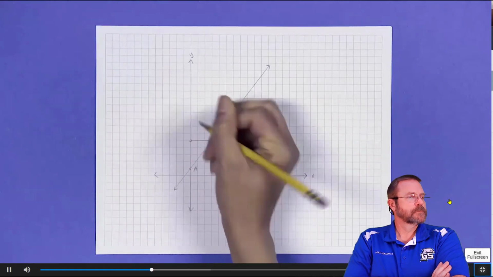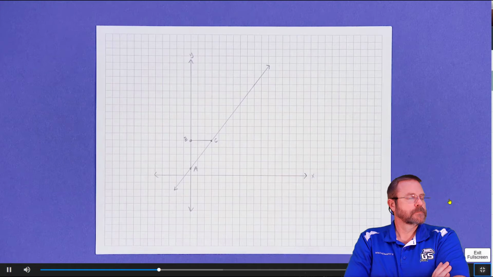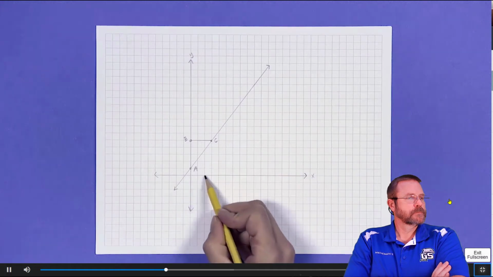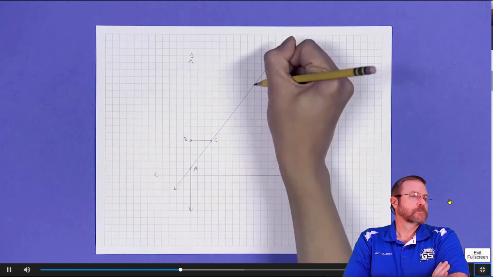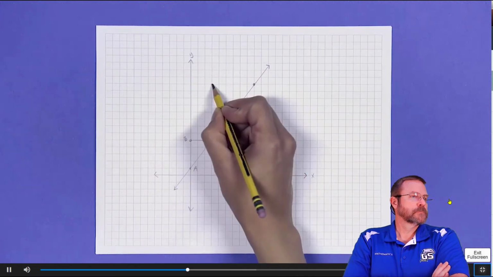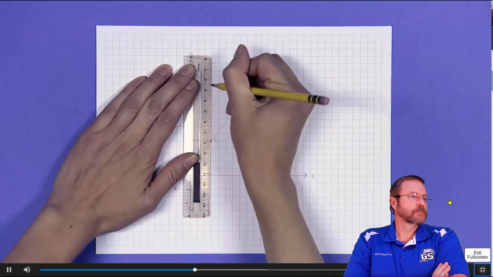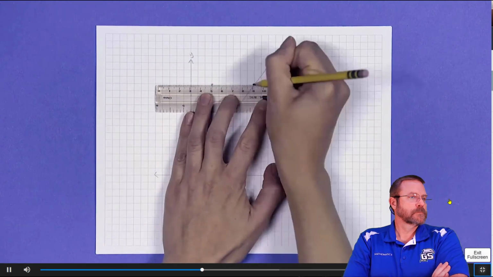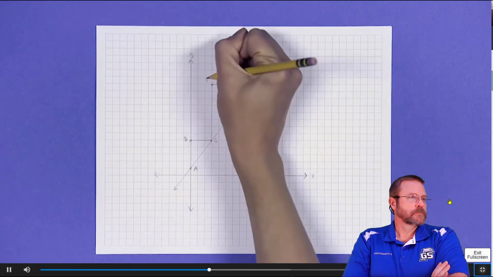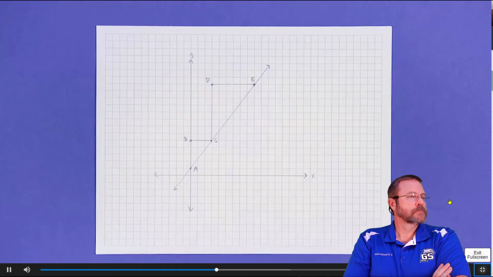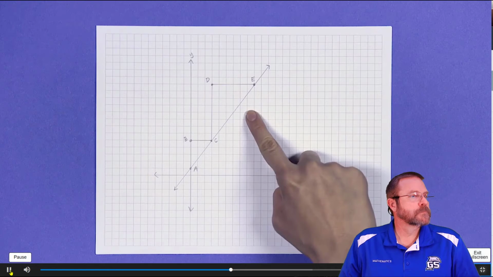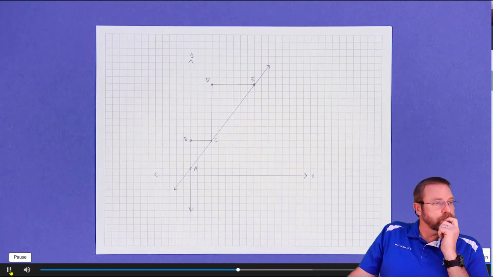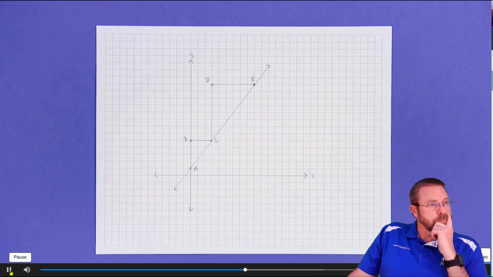Label this triangle ABC. Construct another right triangle on the line. Label this triangle CDE. Triangle ABC and triangle CDE are slope triangles, and slope triangles are similar.